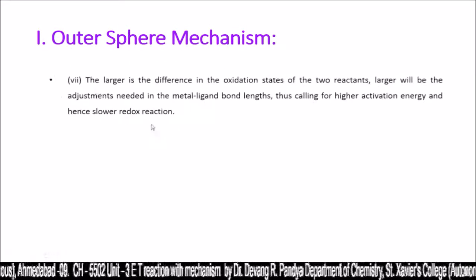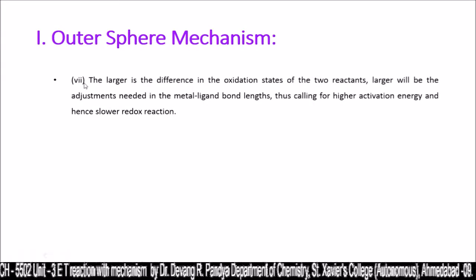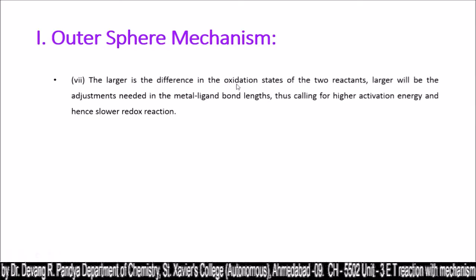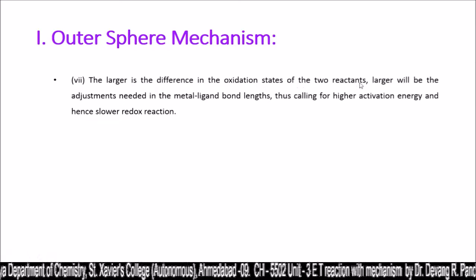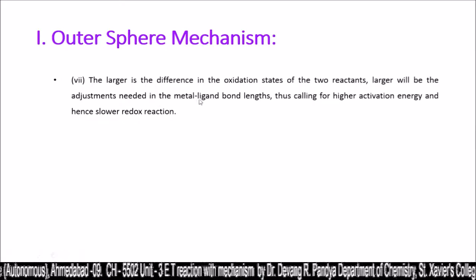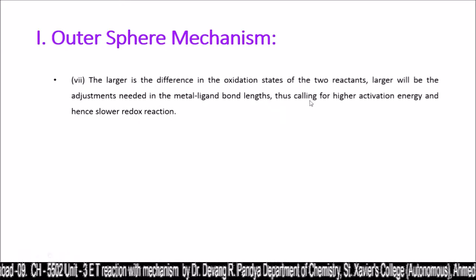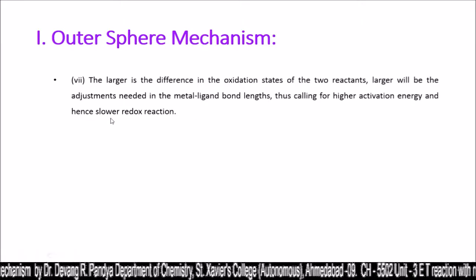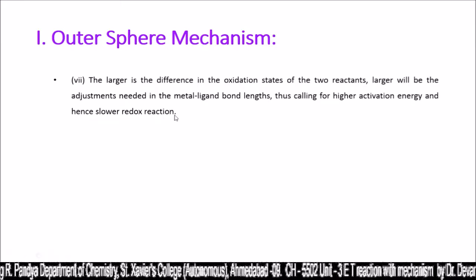Now, seventh condition in the outer sphere mechanism. The larger the difference in the oxidation state of the two reactants, the larger will be the adjustment needed in the metal-ligand bond length, thus calling for higher activation energy, and hence slower would be the redox reaction.